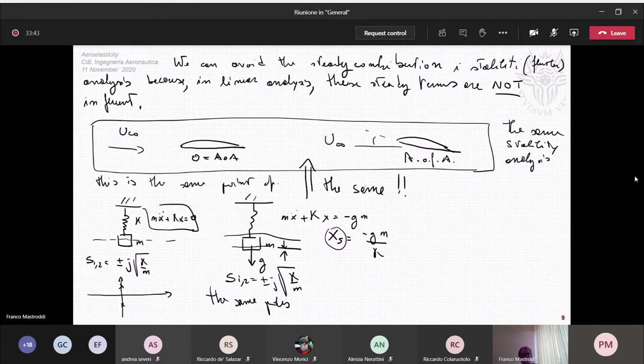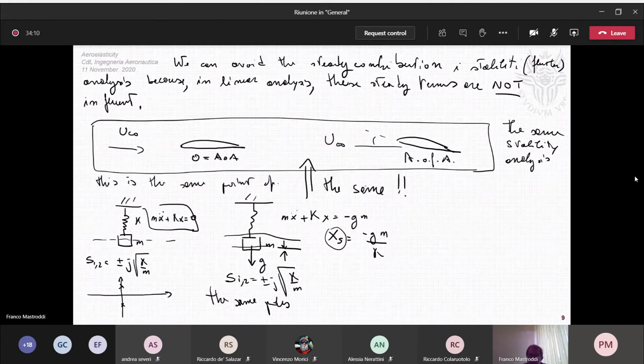If you consider zero angle of attack and eventually a symmetric airfoil, and you see what happens in the steady state, you have zero displacement, zero deformation, because the overall aerodynamic force is a balanced steady field of pressure around the body.